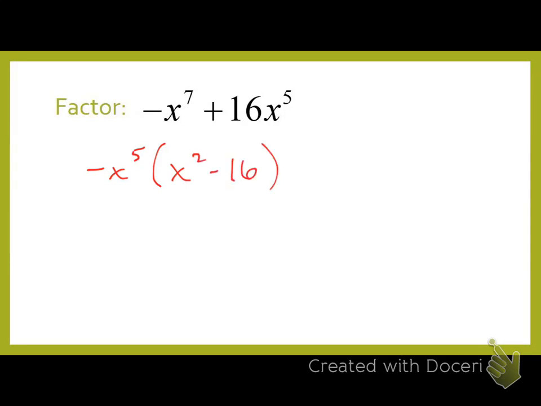And inside the parentheses, since this is bigger than just an x to the first term, I would try to factor. I've got two terms and a difference. That means, can I square root these two? The square root of x squared is x. The square root of 16 is 4. I certainly can. I create my two binomials and go x, 4, and plus or minus so that those smiles would add to 0.